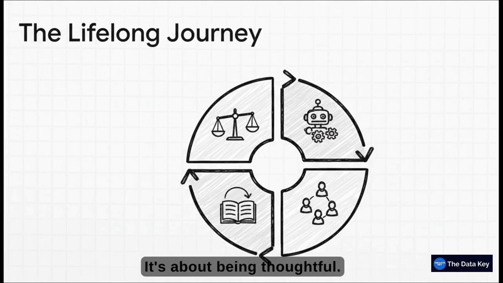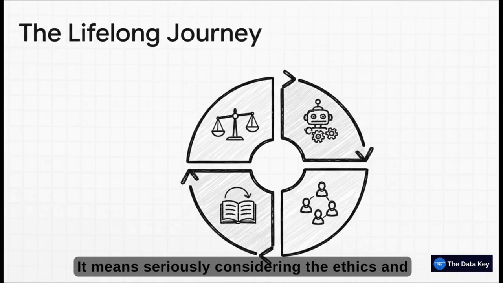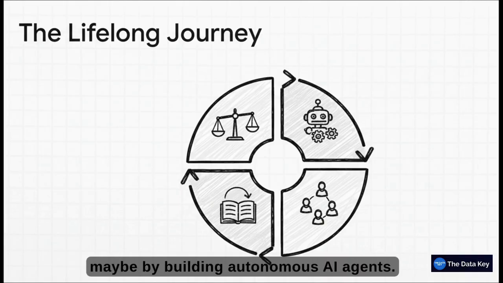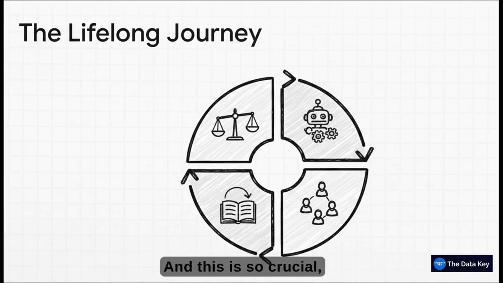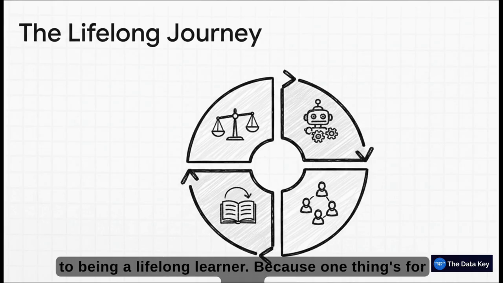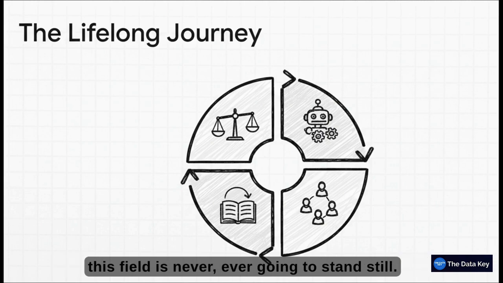It's about being thoughtful. It means seriously considering the ethics and safety of the things you're creating. It means pushing the boundaries, maybe by building autonomous AI agents. And, this is so crucial, it means getting involved with the community and committing yourself to being a lifelong learner. Because one thing's for sure, this field is never, ever going to stand still.